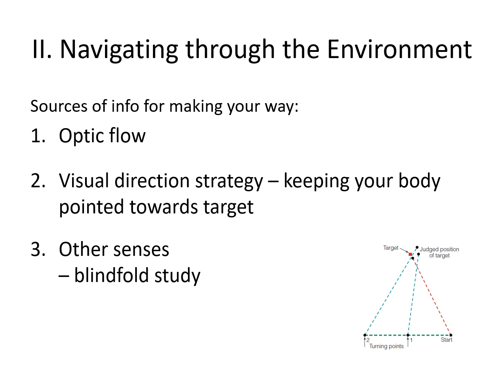But in this study that he's showing in this picture, people were shown the target that's up at the top. They then blindfolded the people and had them walk straight there, and you can see that red line. They get really close to the target. However, they also had two other conditions. One where the person walks to their left a few paces and then is told to turn and walk towards the target. And one where they turn left and walk a little bit farther than that and turn towards the target.